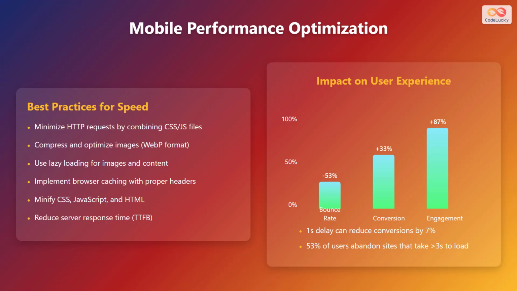You can also implement lazy loading for images and content, and implement browser caching with proper headers. Minifying CSS, JavaScript, and HTML, and reducing server response time are also important. Research shows that a 1-second delay can reduce conversions by 7%, and 53% of users abandon sites that take more than 3 seconds to load.